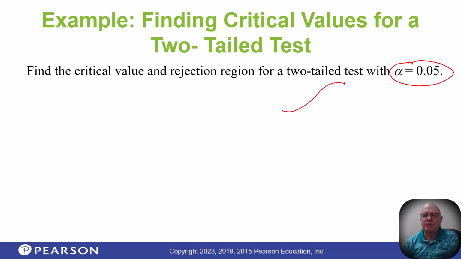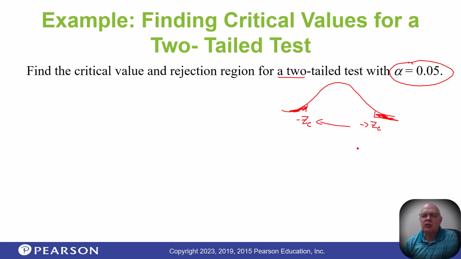Draw a picture. We've got a two-tailed test, so we've actually got two rejection regions. And we need to find out what those critical values are. Now we've got z sub c over here, and over here will be the negative of that. So all you need to do is find this one and just put a negative on that one.